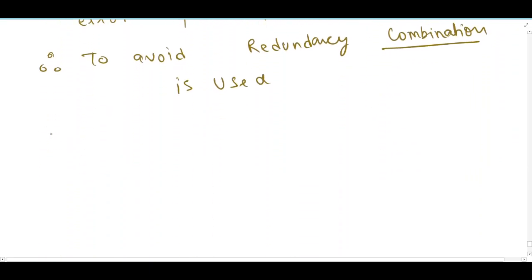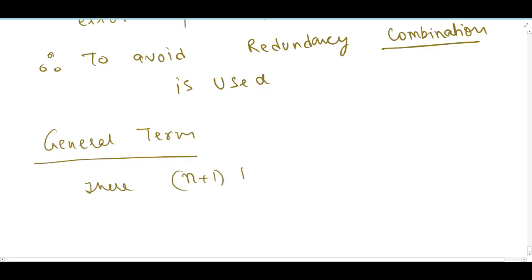So next is, what is general term and middle term? So what is general term? We know that there are n plus 1 terms in the expansion of (a plus b) to the power n.